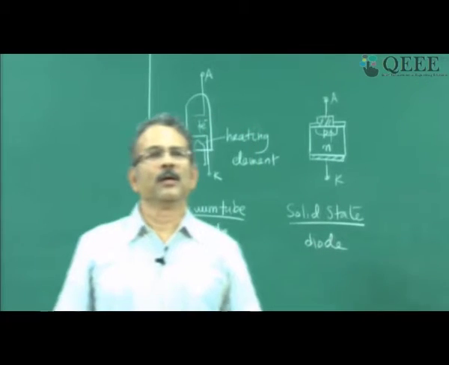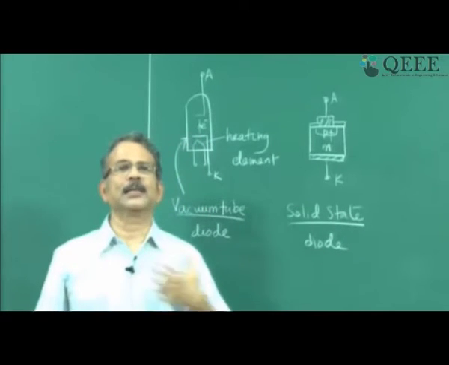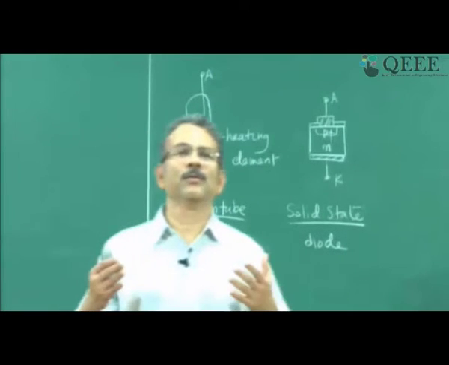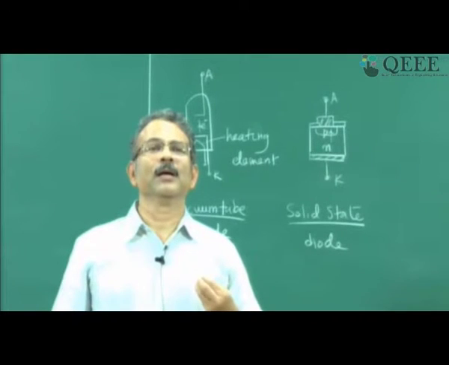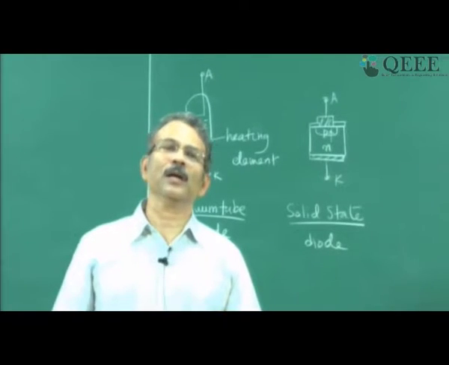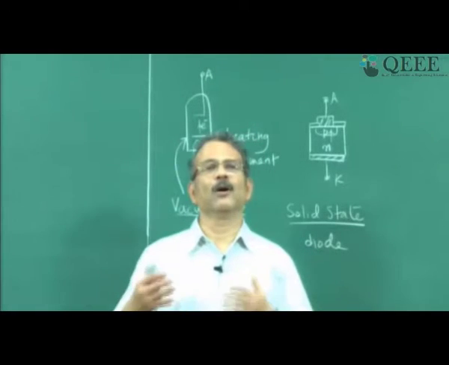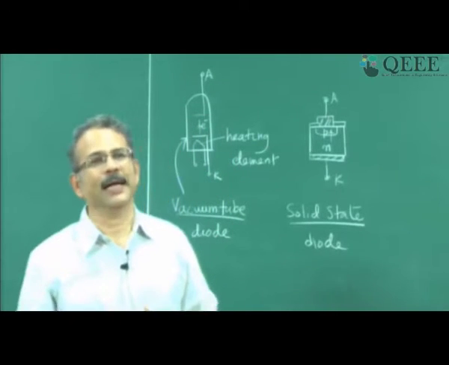To give you some examples, you are able to send satellites out which can work for many years only because you are using solid state devices there which can work for many years. So reliability is very high, they don't fail very often. Vacuum tube used to fail often, right?